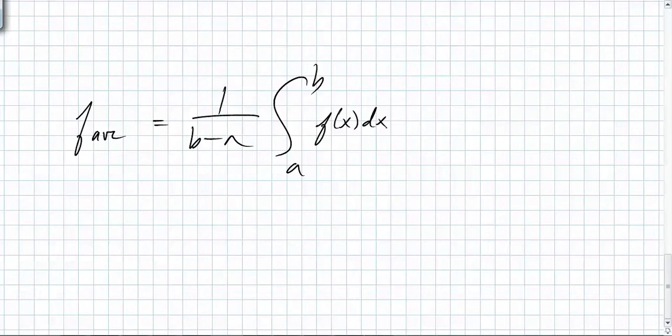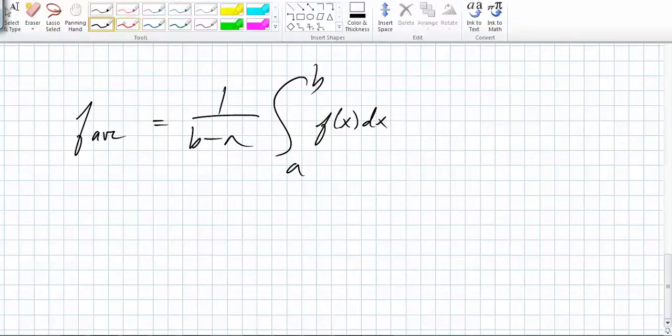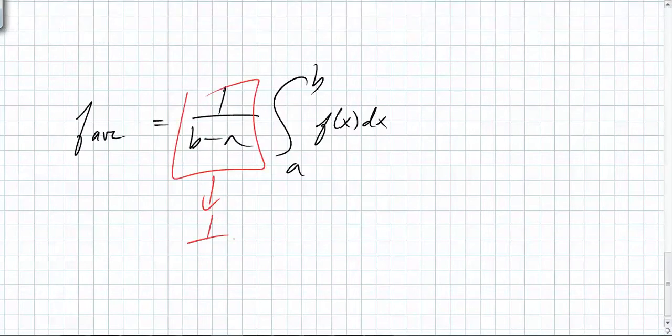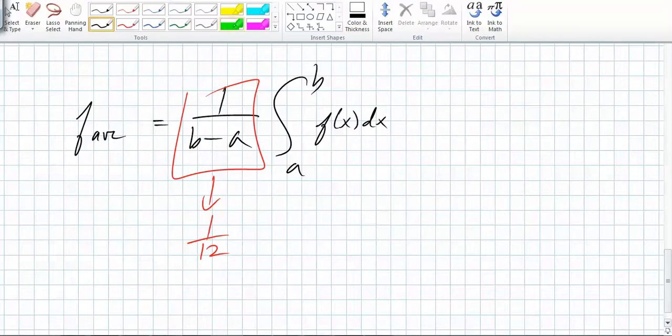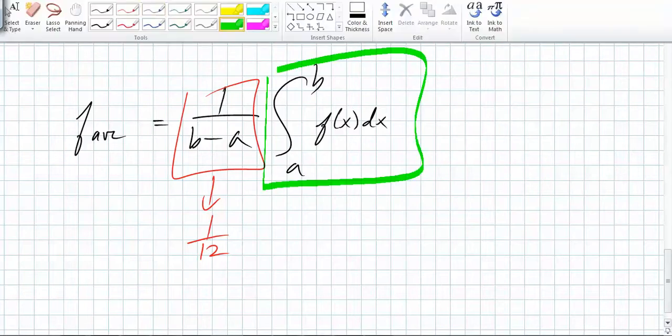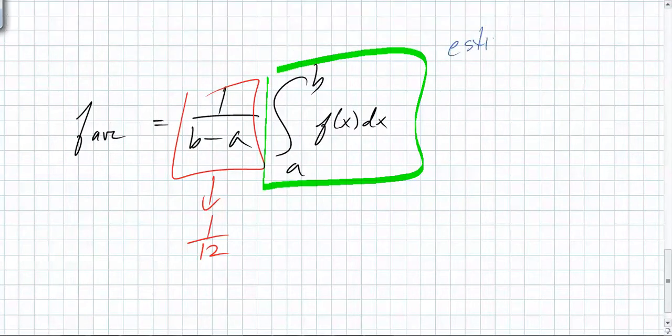And that's essentially what you did. But this right here was 1 over 12, because you're going from 0 to 12, right? And then instead of doing the actual integral here, we estimated up above, right? So our estimate from above was 120, and the width was 12, so our function average is 120 divided by 12, which is 10.